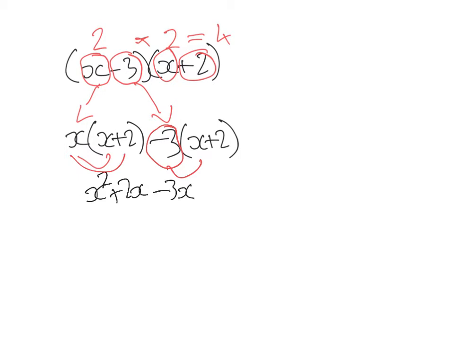And then we're multiplying our -3 times +2. So that gives us our negative times positive is a negative. 3 times 2 is 6. So there are 4 multiplications because we've created 4 terms. 1, 2, 3, and 4.